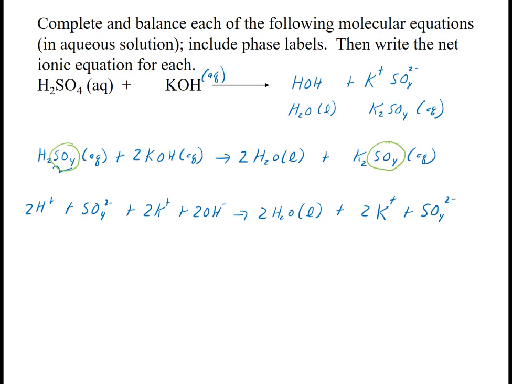The 2 H pluses don't cancel, but my SO4 2 minus does. My 2 K pluses cancel. So I'm left with 2 H plus and 2 OH minus goes to form 2 waters. And again, since they all have a coefficient of 2, it just becomes H plus plus OH minus goes to form H2O. Okay, and so that's going to be the end of this video.